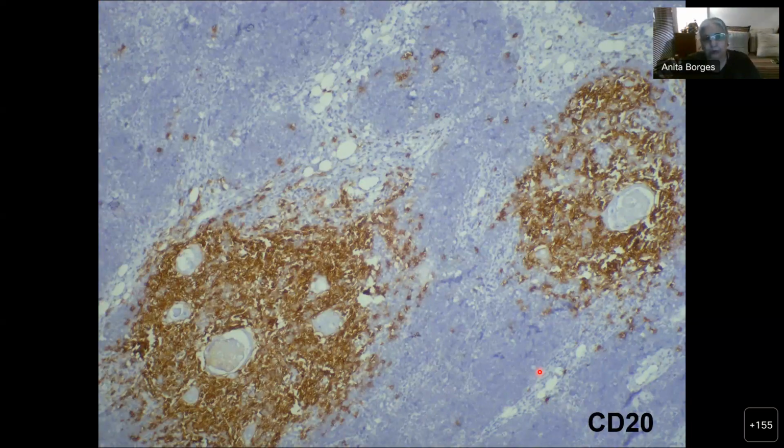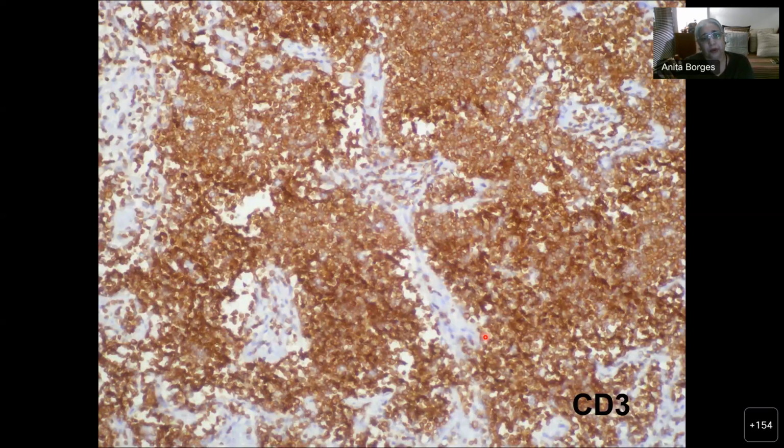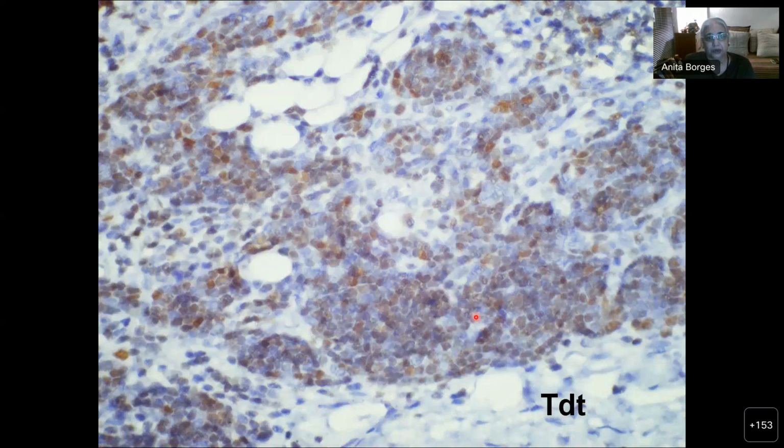Now see how beautiful it is. The medulla shows you a preponderance of CD20 positive cells, and you can see that the rest of it is not marked. The cortex shows you a preponderance of CD3 positive cells, and those CD3 positive cells are TdT positive.